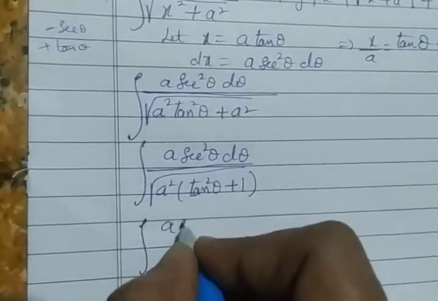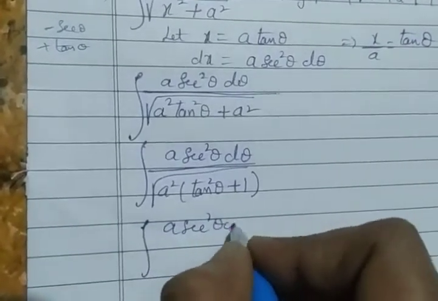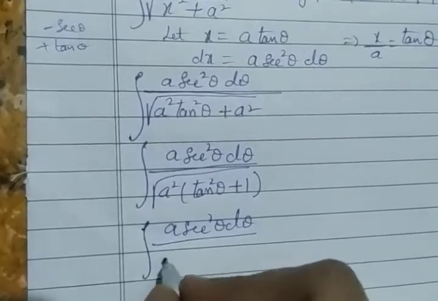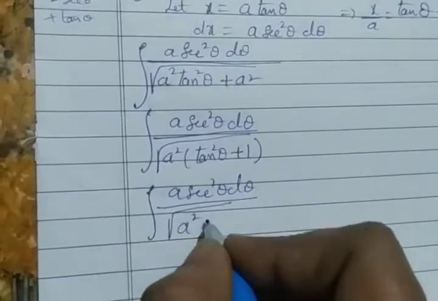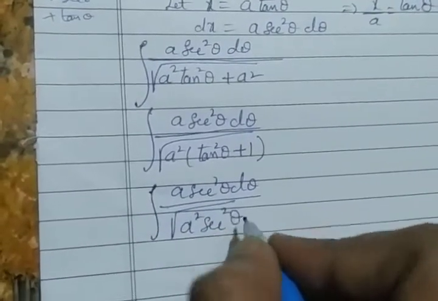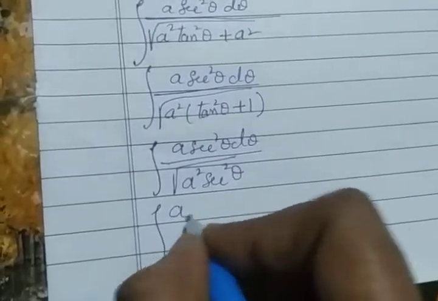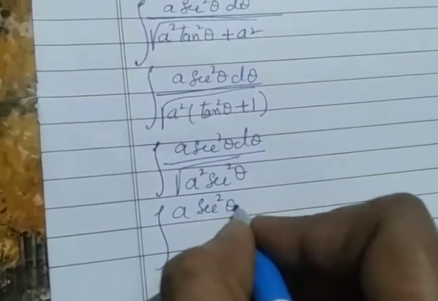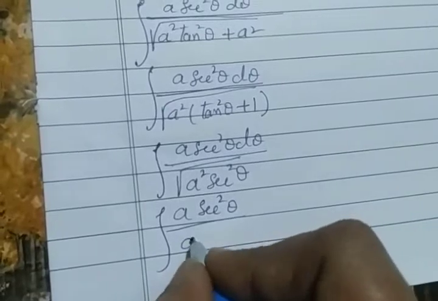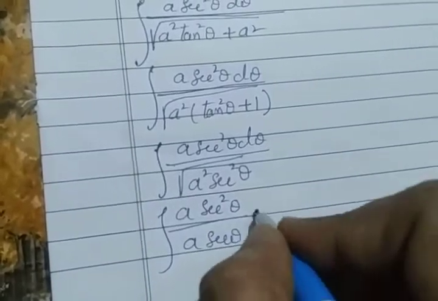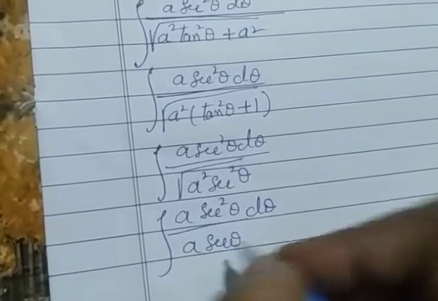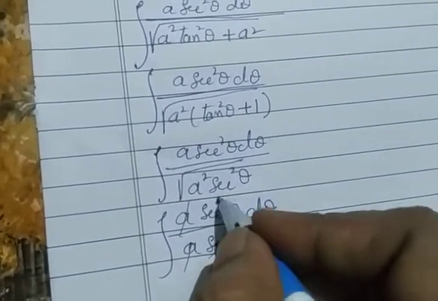That is a secant square theta d theta divided by root of a square secant square theta, a secant theta. If it comes out from the root, it becomes secant, which gets cancelled.